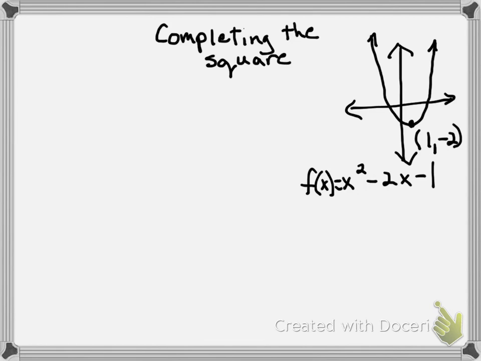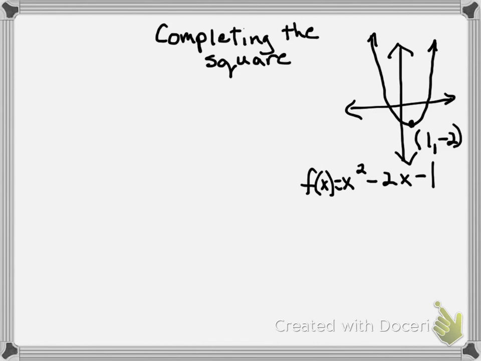Well, if you look at this function that I have written there, you can't actually factor that. It doesn't follow any of the patterns or the rules that would allow you to factor it nicely. But there is a way to put it into vertex form. So we covered that last unit, where you would read the vertex form, and your coordinate would be the opposite of what you see next to the x for your x coordinate, and then the number at the end was your y coordinate.